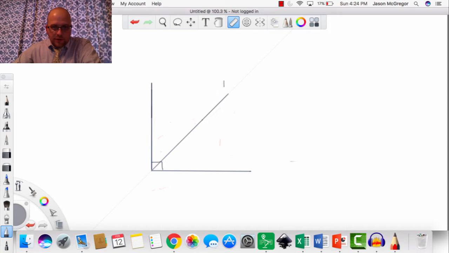And I'm going to draw my arrows because these are supposed to be rays. So here's an acute angle. It is less than 90 degrees. This one is 90, so that one equals 90.